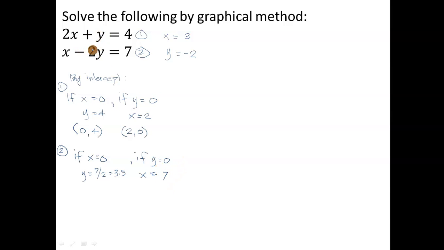Right? Okay. So therefore, the coordinates of this point are 0 and 3.5, while the other one is 7 and 0.